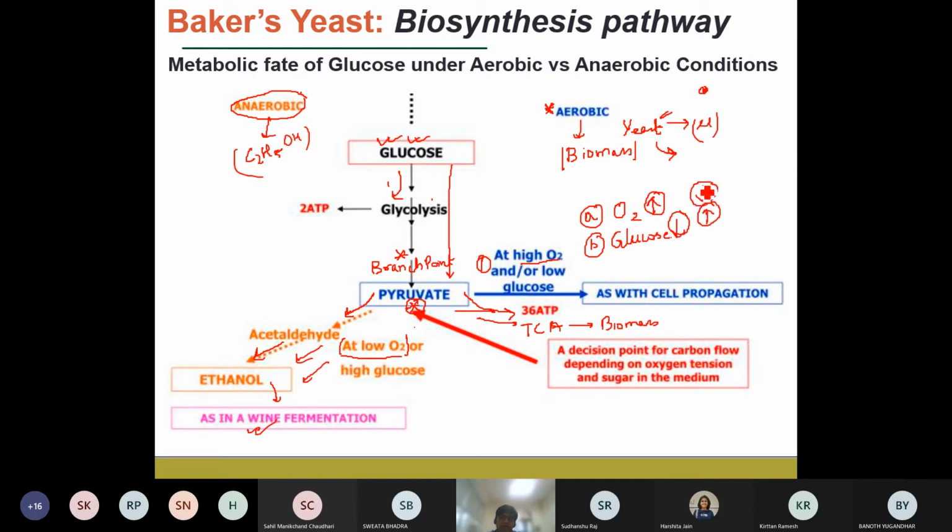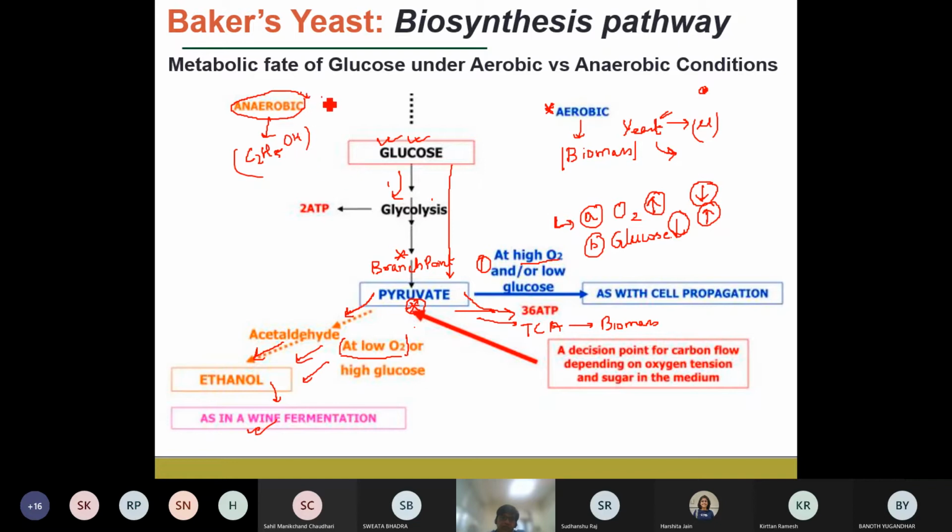Now why the oxygen concentration or the glucose concentration affects the pathways, we will look into that. The oxygen can be easily described: one process is an anaerobic process.